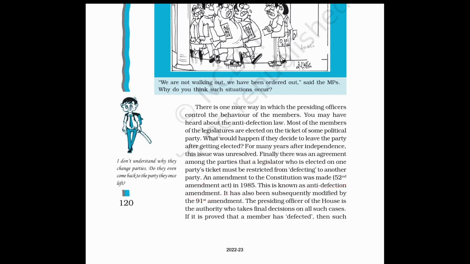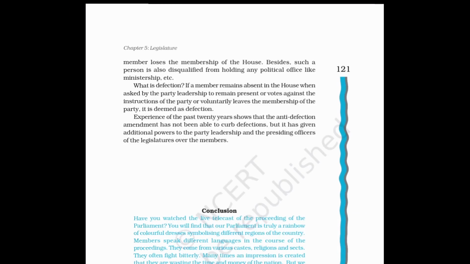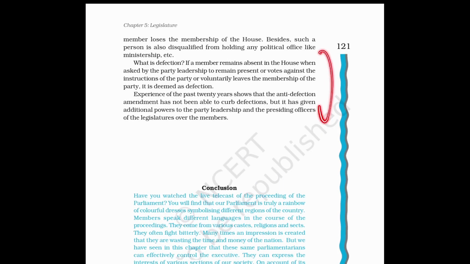All of these are the steps by which the parliament regulates itself also. जैसे यहाँ पे दिया हुआ है, if a member remains absent in the house when asked by the party leadership, or remains present but votes against the instruction of the party, or leaves the membership of the party and switches to the other party, all of that comes under defection.